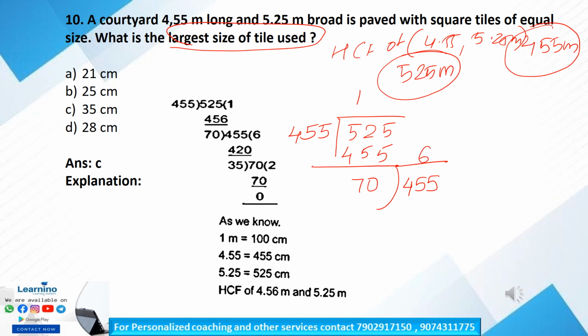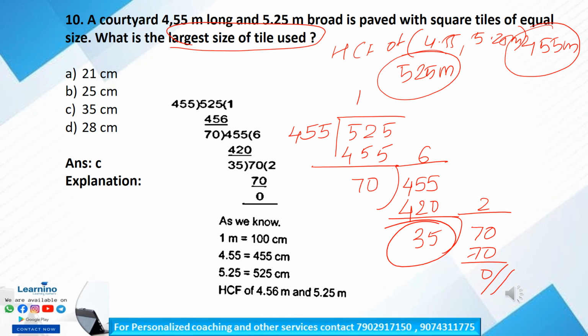So 6 into 70 is 420. Remainder is 35. So again we have to do calculation as 70 divided by 35. So 2 into 35 is 70. 0 is the remainder. So 35 is the highest common factor. Okay. So we can find the highest common factor simply by this method.